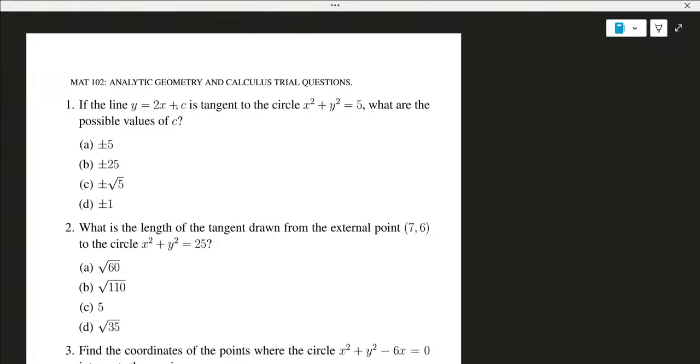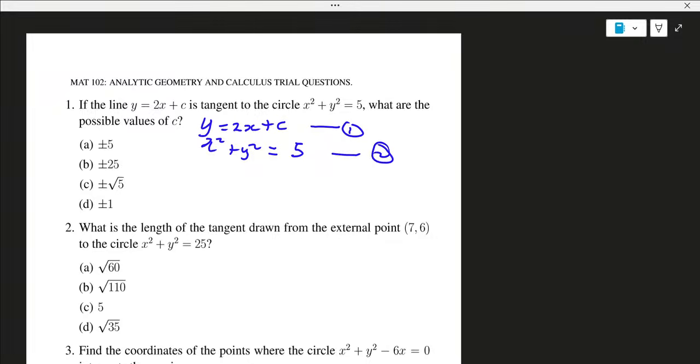First, we treat the equations given to us as simultaneous equations. We are given y is equal to 2x plus c, and x squared plus y squared equals 5. So this is our equation 1, and this is our equation 2.